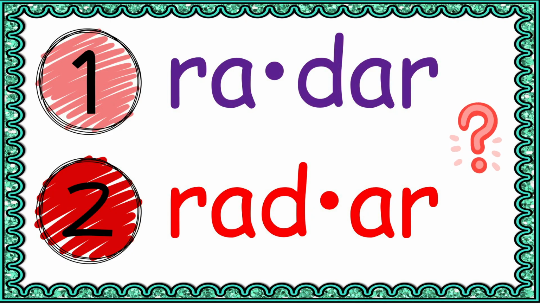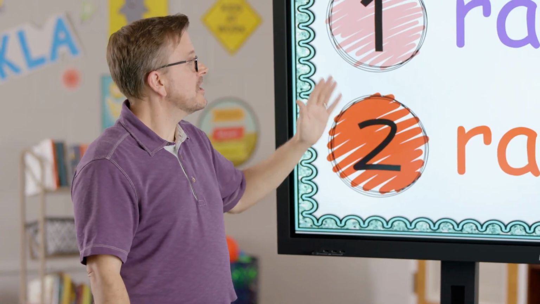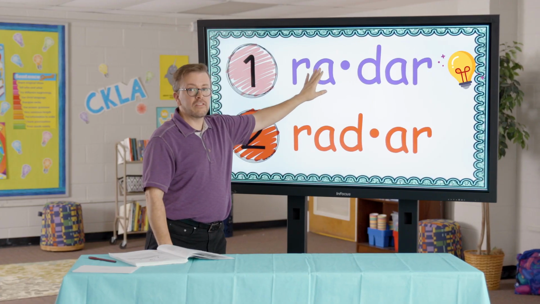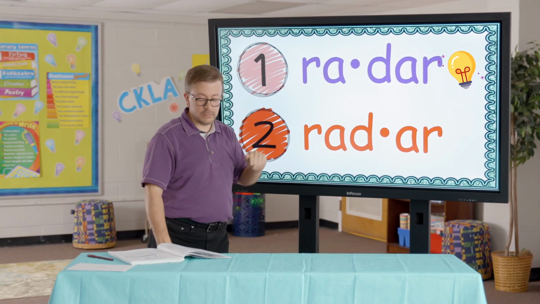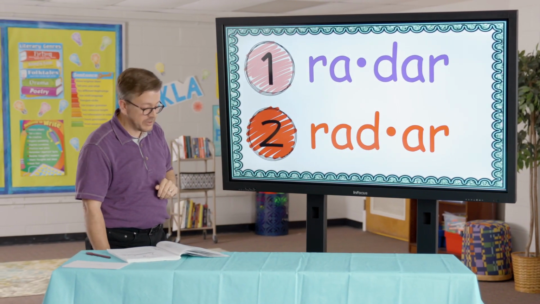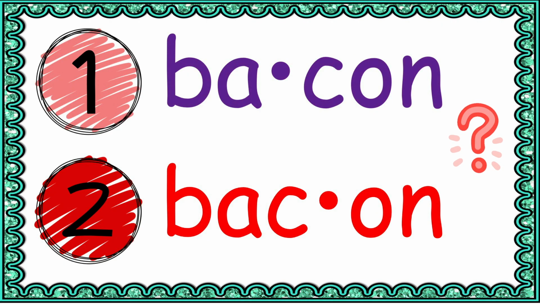The ship is on the radar map, or the ship is on the radar map. See, I heard you yell, radar, right? Because when you think about this, you always say radar. So your open syllables at the beginning. All right, good job. You guys got these. Let's look at this next one. I bet you know this one too.